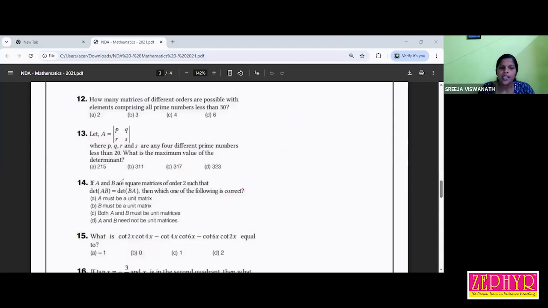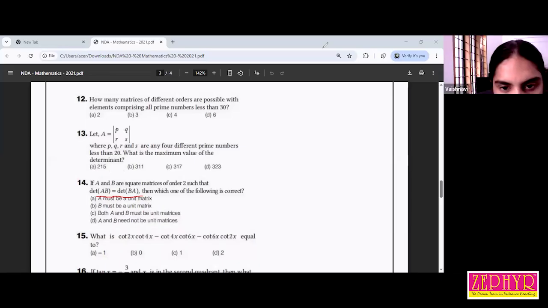Question number 14. A and B are square matrices of order 2 such that determinant of AB equals determinant of BA. Then which of the following is correct? A must be a unit matrix.